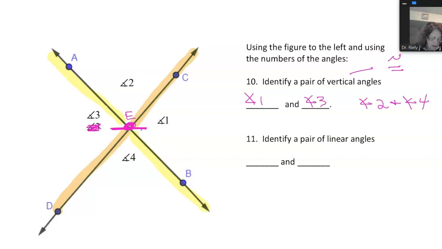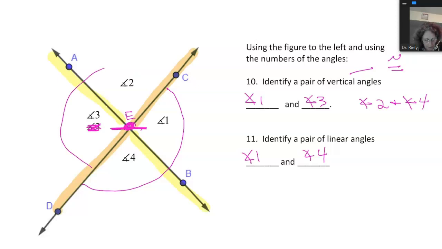Next, it says identify a pair of linear angles. Linear angles are on one line. So pick a line. I'm going to pick this orange line. And angle 1 and angle 4 are on that line. What's another pair of linear angles? Well, look at the top angles on that same line. So angle 2 and angle 3 are linear.